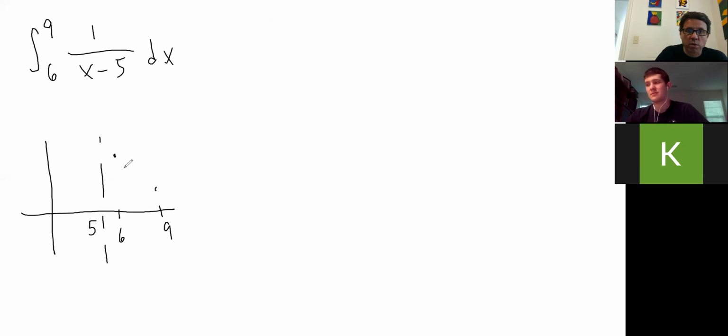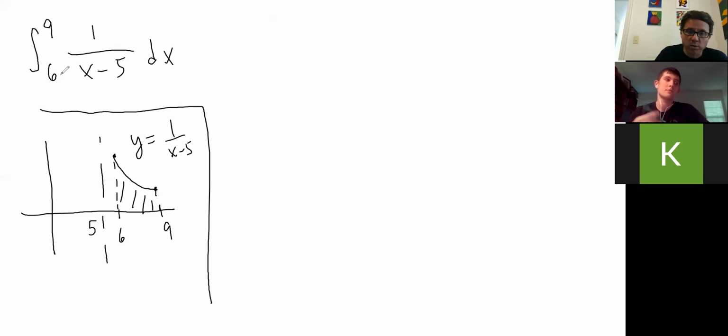It'll look sort of roughly like this. And so we want to know the area under the curve y equals 1 over x minus 5 from 6 to 9. So when you see this, I still hope in your brain you think, oh, there's bounds, therefore it's an area. Now, how does this work into substitution?